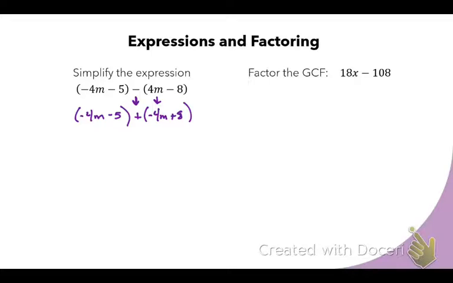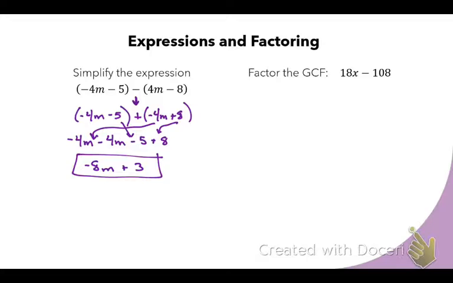Now I can combine like terms. Negative 4m minus 4m minus 5 plus 8. Say, well, Miss Kinder, do I have to show that work? No, you don't. But the more work you show, the more likely you are to get the answer right. So that's how she got negative 8m plus 3.